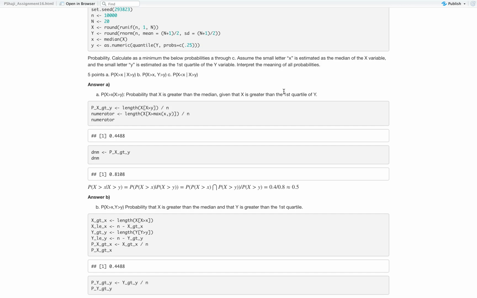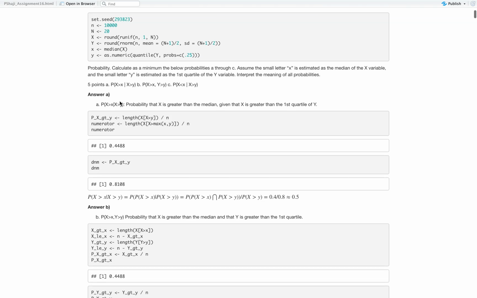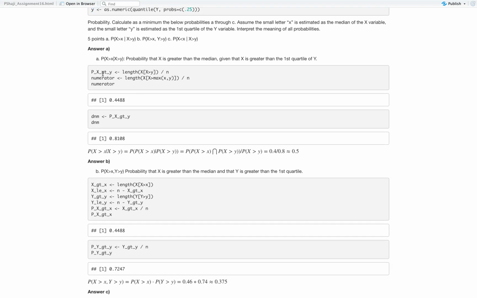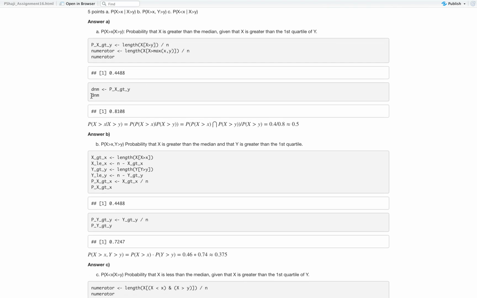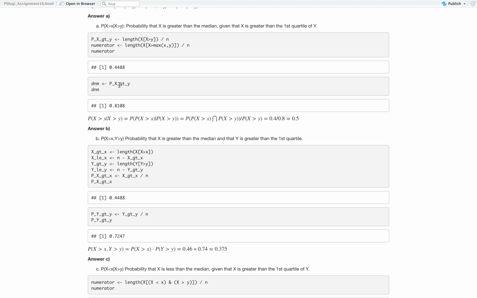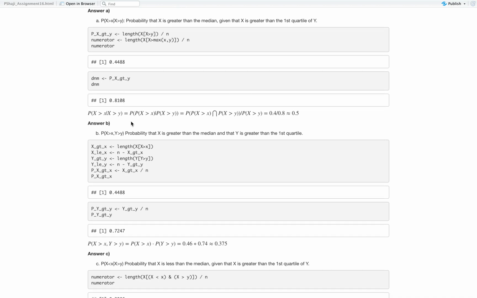Our first question is to estimate the probability that X is greater than the median small x, given that capital X is greater than the first quartile of y, which we have taken as small y. So here we calculate P(X > y), and then we calculate the numerator through this expression, and then we calculate the denominator, that is P(X > y).